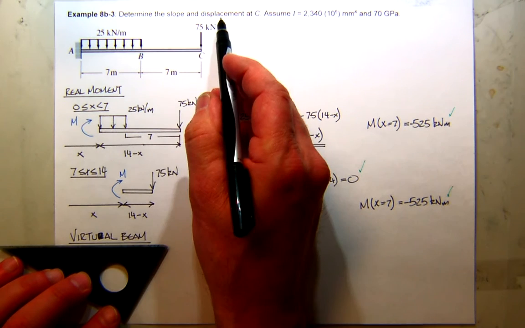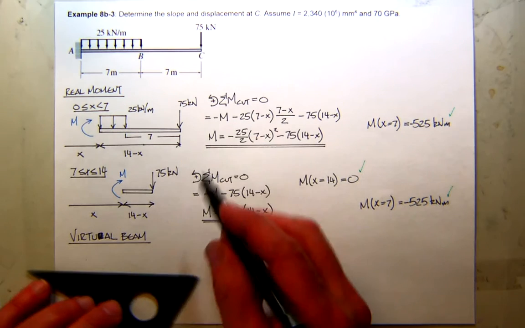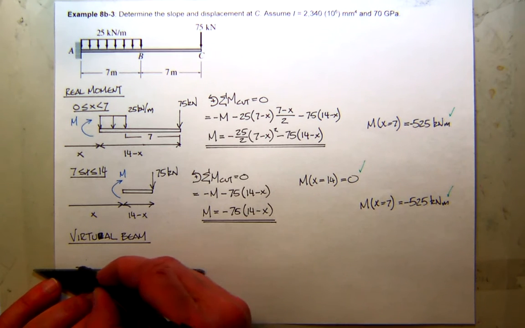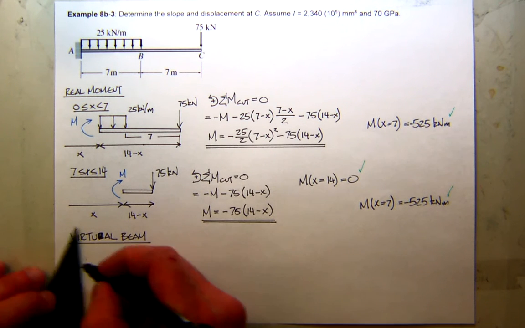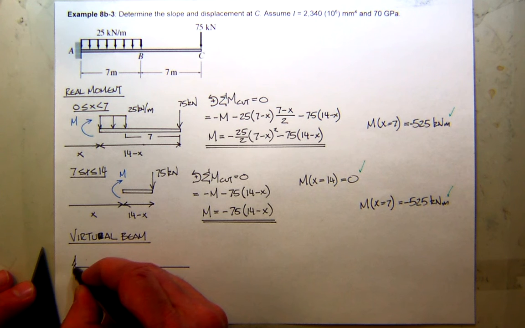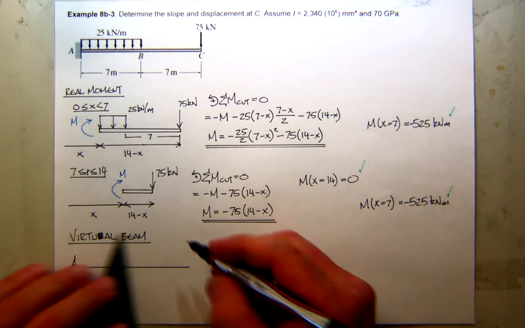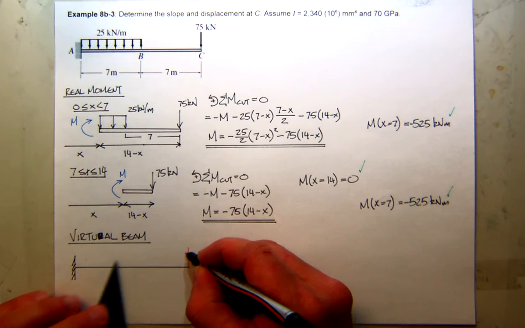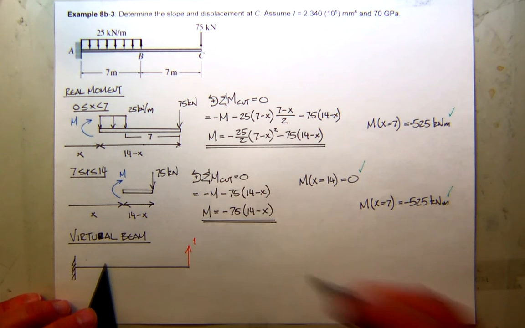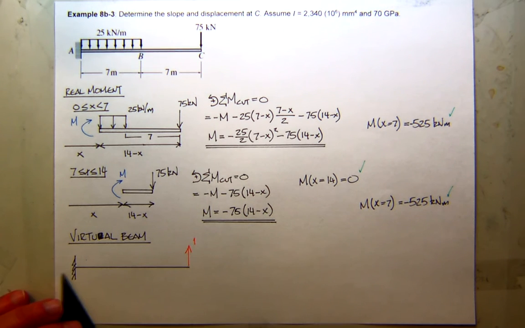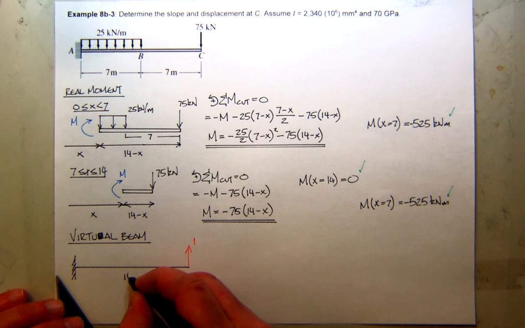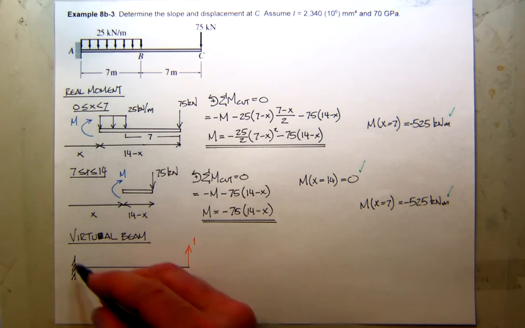It asks for the displacement at C. So I'm going to draw my original beam, and I want the displacement at C. C is the free end. So just like we did before, I'm going to assume the force is acting up to match my sign convention. And that's 14 meters. How many equations do I need to write for that?